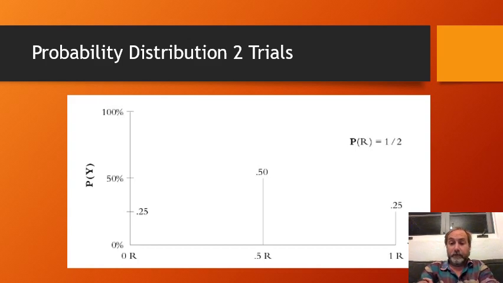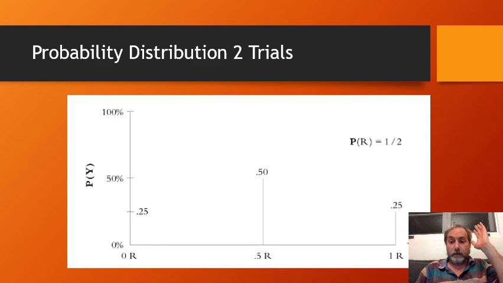The most probable outcome is getting half reds; there's a 0.5 probability of getting that outcome. Less likely are getting 0 reds, which has a 0.25 probability over on the left, and getting all reds. A relative frequency of 1 means all reds.